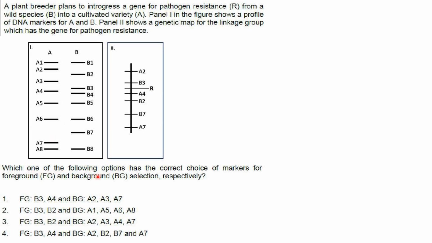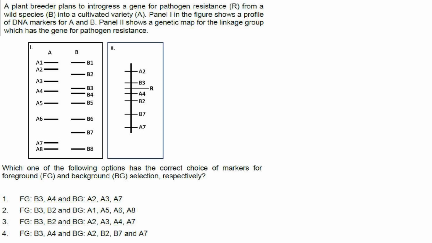Which of the following options has the correct choice of markers for foreground and background selection respectively? Now what is foreground selection? That is when a breeder selects plants that have marker alleles of the donor parent at the target locus.